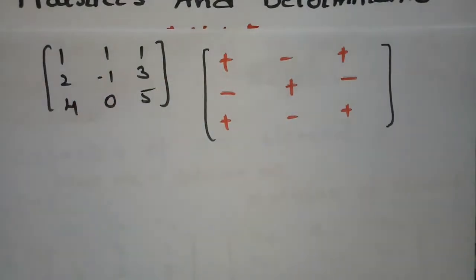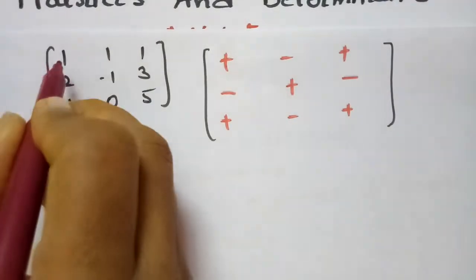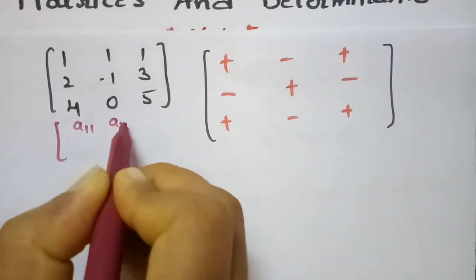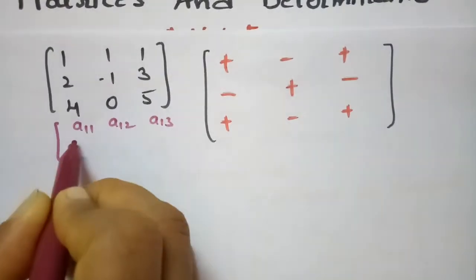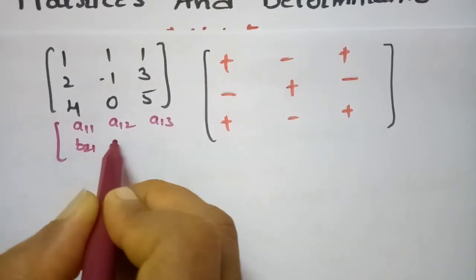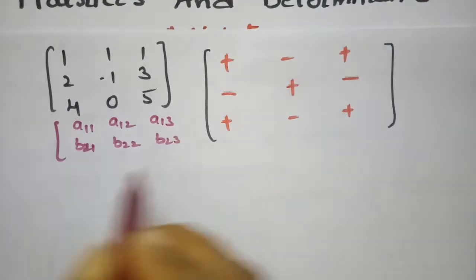And the next thing we have to find out is how to find the minor of each element. The positions here are A11, A12, A13. Then row 2 and column 1, row 2 and column 2, and row 2 and column 3.